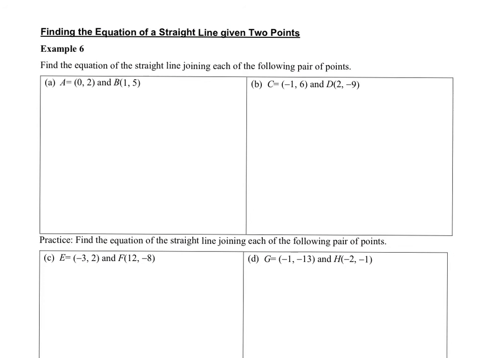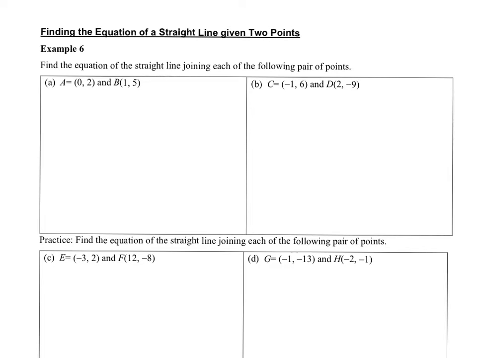Up next, we have already learned how to find the equation of a straight line given a gradient and a particular point. But what if I were to give you 2 points, but I did not give you the gradient? Will I still be able to find the gradient using these 2 points? Yes, right. What's the formula for finding the gradient between 2 points?